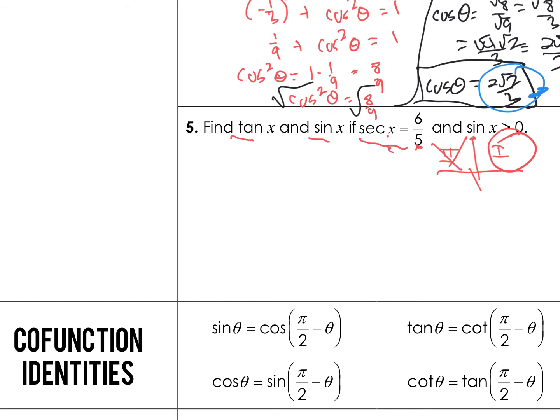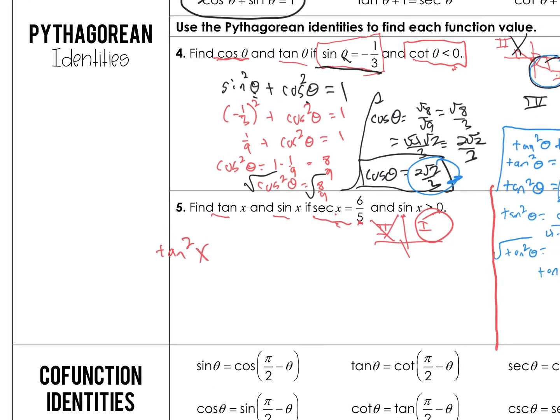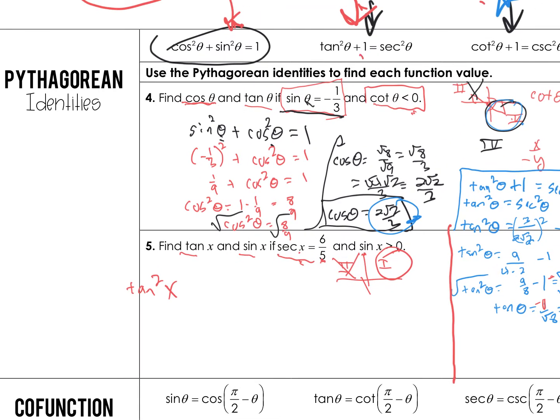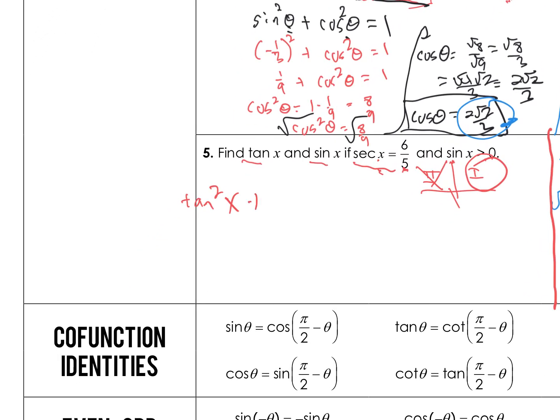So if I'm looking for tangent, I'm going to use the tangent squared identity, and we're doing x. Now, do you remember what the identity was for tangent squared? Let me find it up here. It was the plus 1 equals secant squared. So tangent squared x plus 1 has to be secant squared x, which is kind of good since I already knew secant. You like how that works out? So I know tangent squared x must be equal to secant squared x minus the 1.